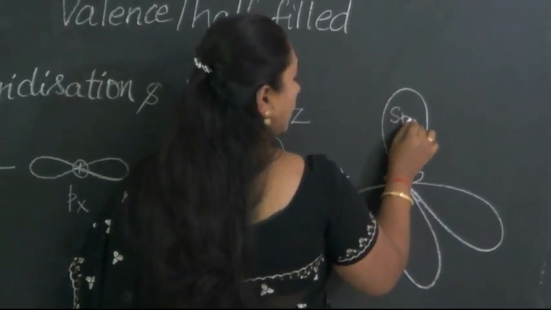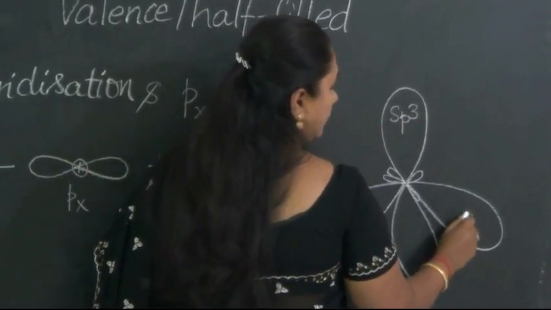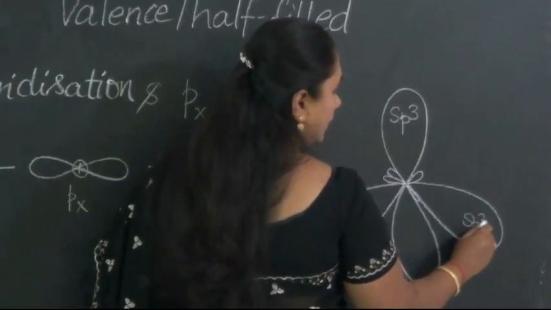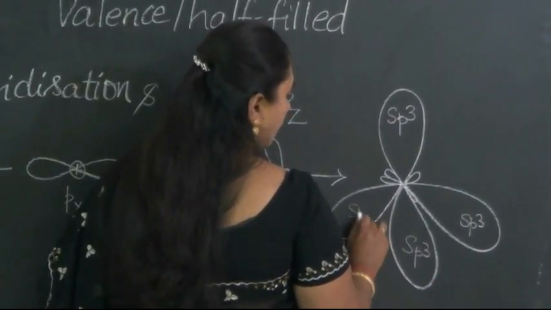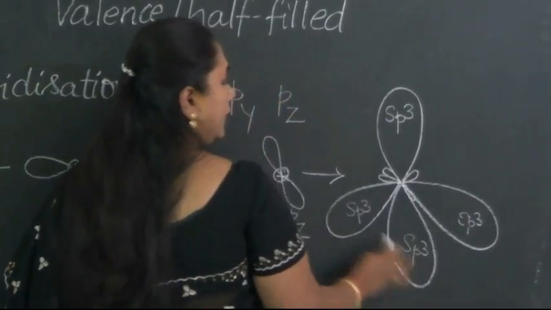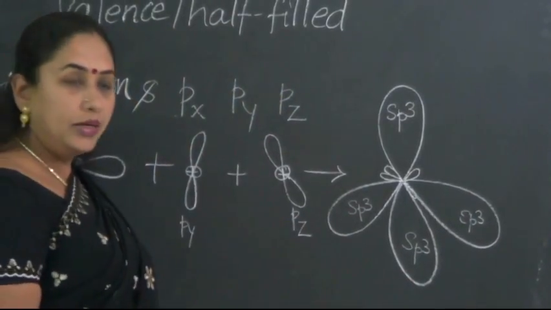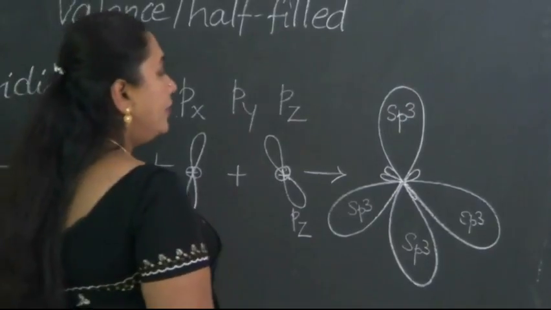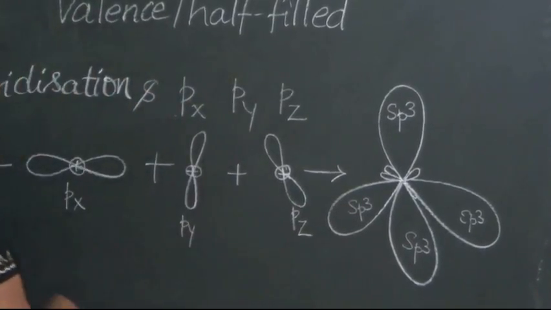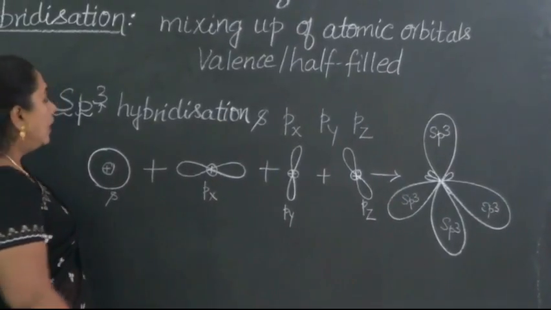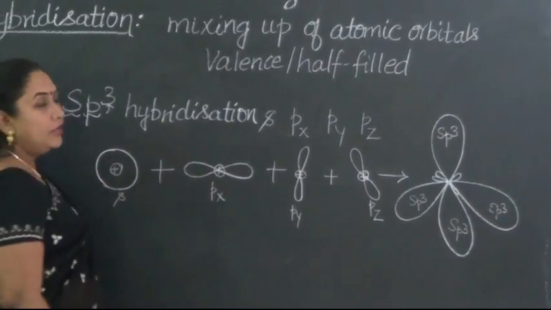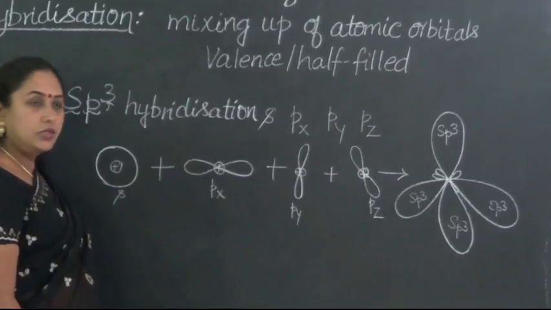Each one is called an sp3 hybrid orbital. We will land up in the formation of 4 sp3 hybrid orbitals, and these would be the atomic orbitals of the valence shell, and they would be containing one electron each.